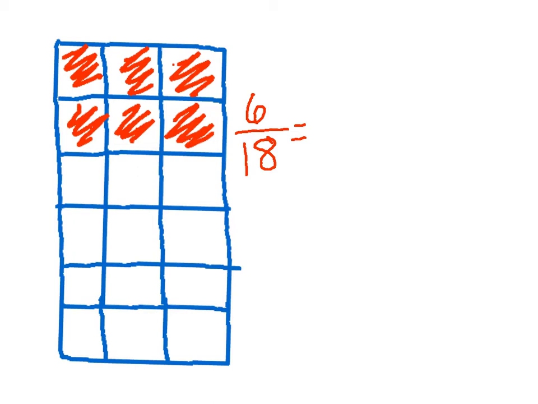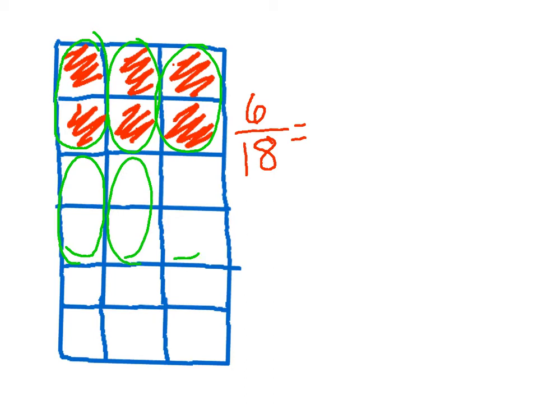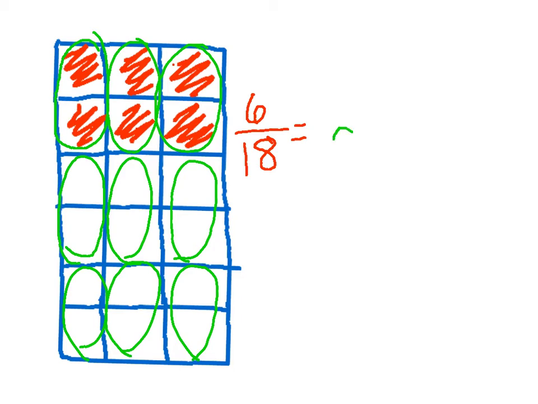So I'm going to start by circling these red ones up here. 1, 2, 3 groups of 2. Now here these have nothing in them, but I still have to count them. So 4, 5, 6, 7, 8, 9 groups of 2. So now, instead of having 18 boxes, I need to look at this as though I have 9 groups. So I'm going to put a 9 down.